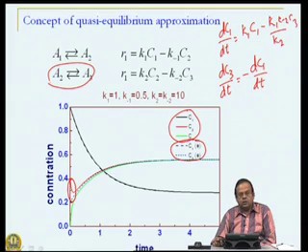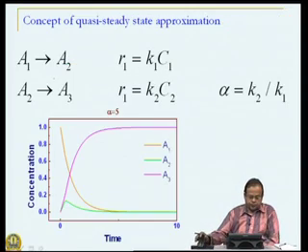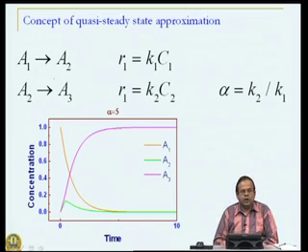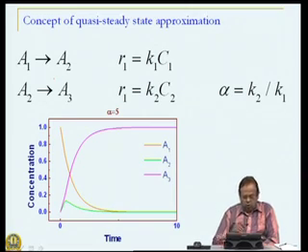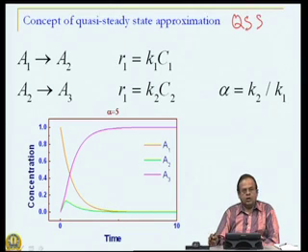Let us look at the second approach of simplifying the reactions. This approach is what is known as the quasi steady state approximation, or QSS. The earlier one was QE, this is QSS.